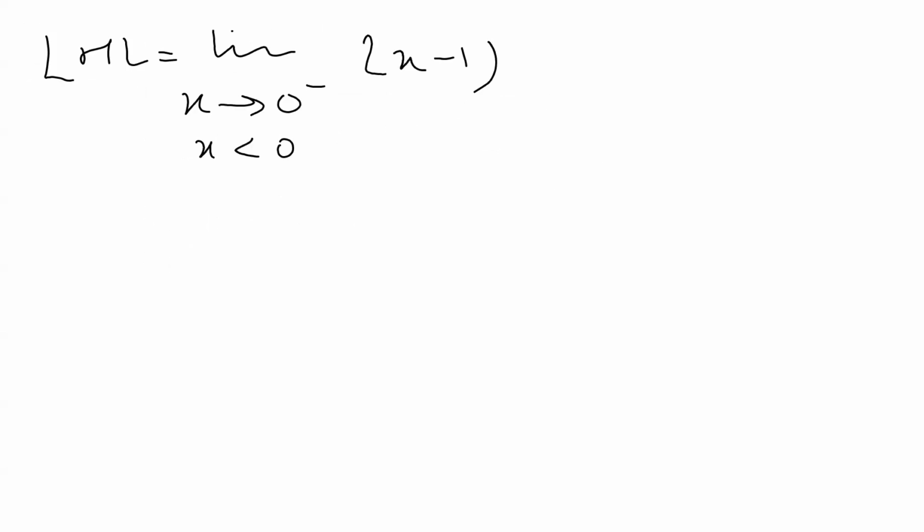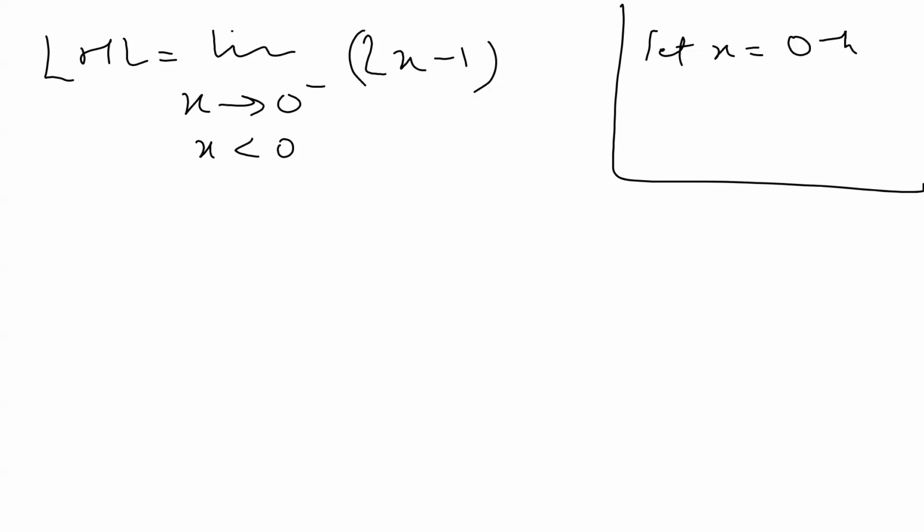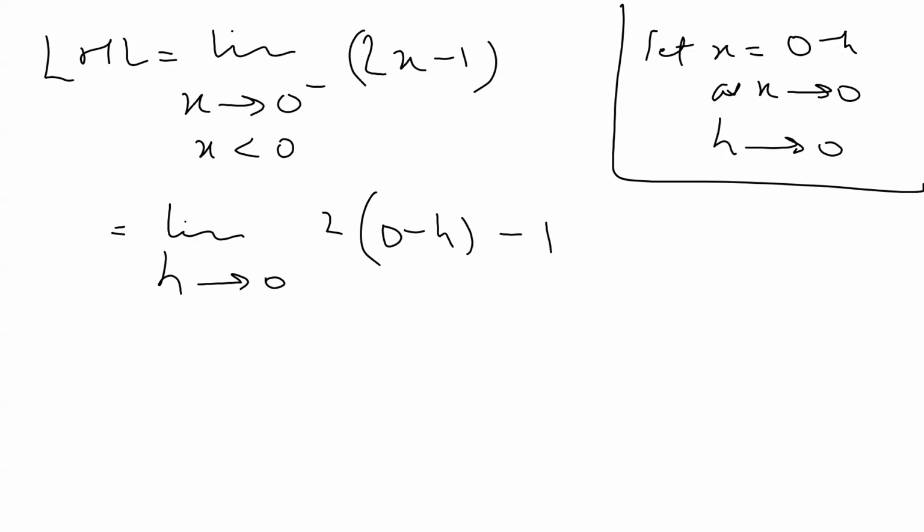Let x equal 0 minus h. As x approaches 0, h will also approach 0. So limit h approaching 0, 2 into 0 minus h minus 1. Now there is no denominator over here, so you can just put the value of h as 0. So this is minus 1.